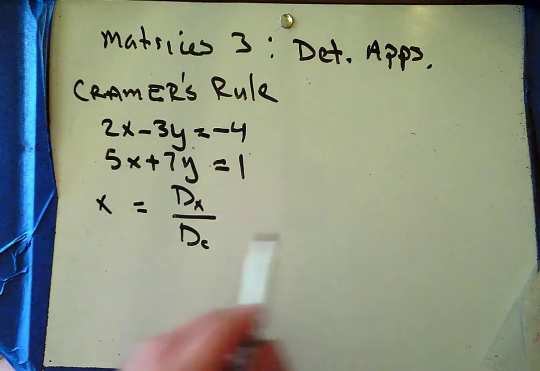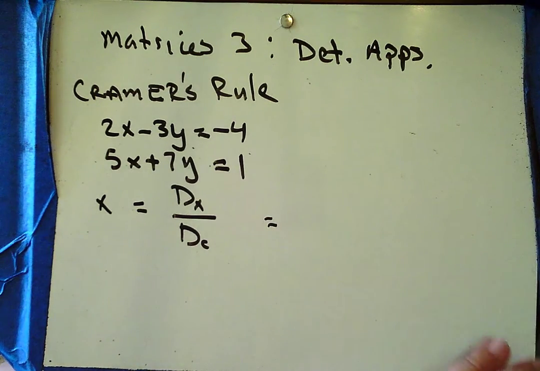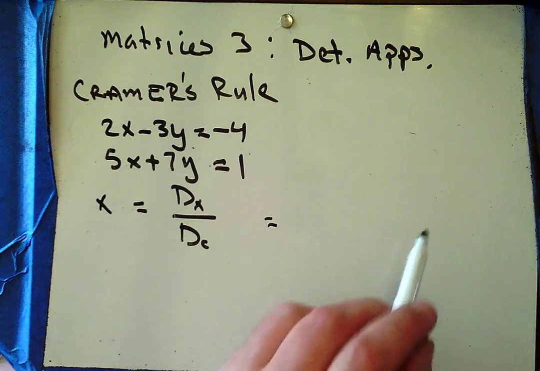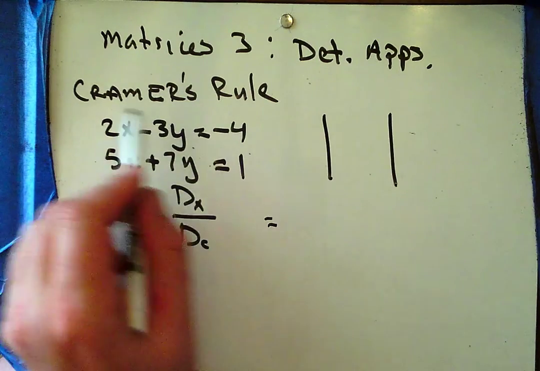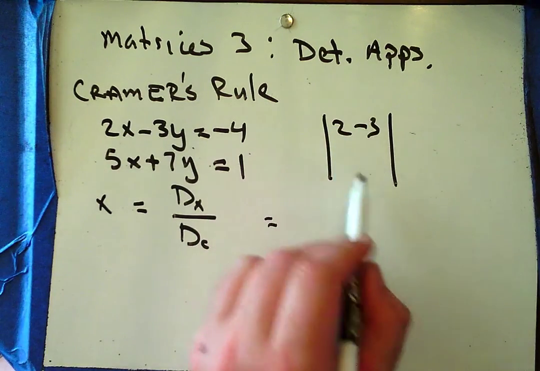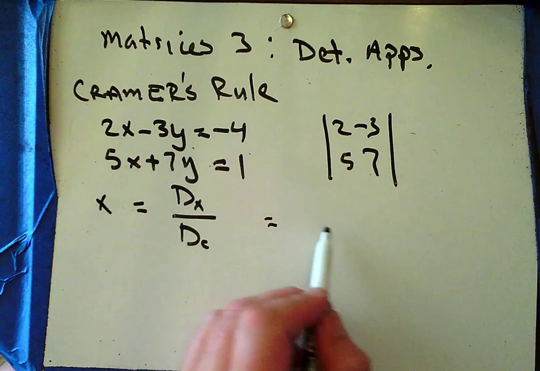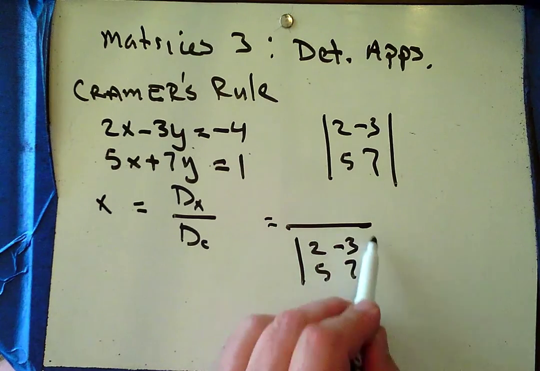And so for us, what's that going to look like? Well, when we make the coefficient determinant, that's just the determinant made up of these four coefficients: 2, negative 3, 5, and 7. Okay, so that's the thing that goes on the bottom. 2, negative 3, 5, and 7.